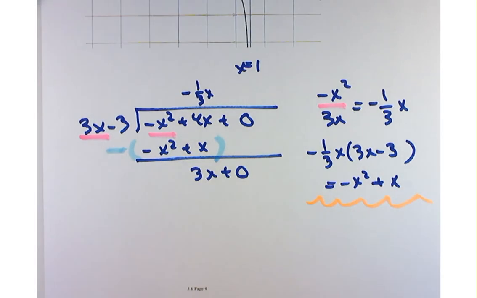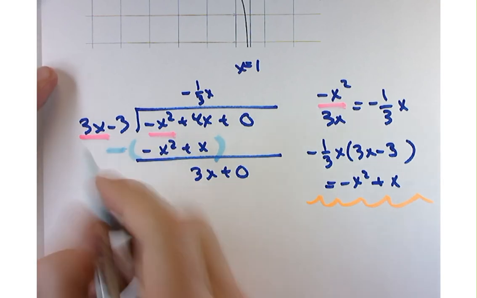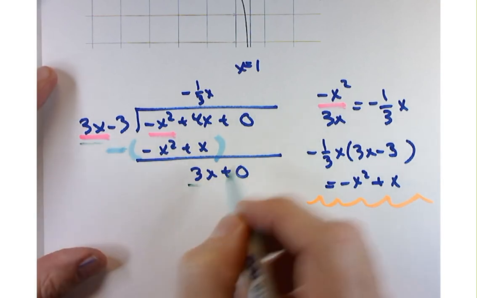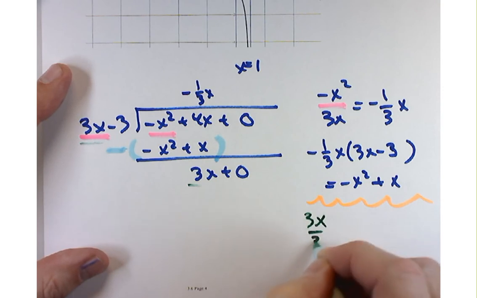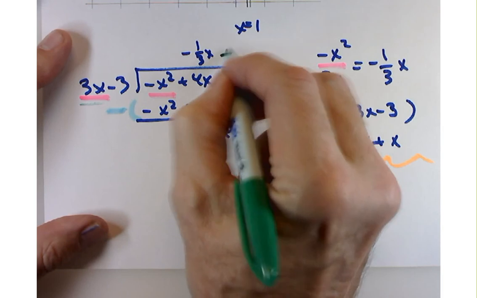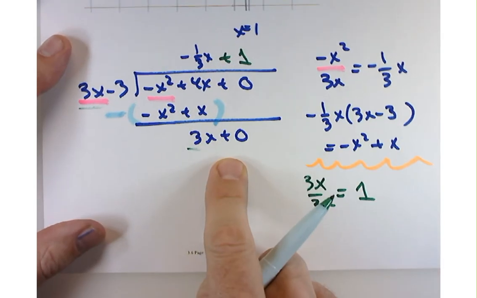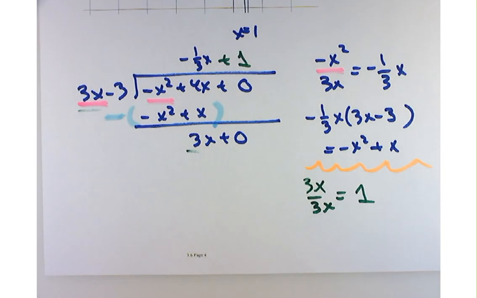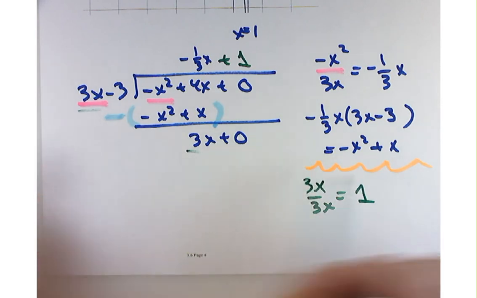Remember I said all you have to figure out is the quotient. So let's compare this number and this number. 3x and 3x. 3x divided by 3x gives me 1. Guess what? That's it. I don't care about the remainder at all. All I want is the quotient. This is the quotient. Anything else is just giving me the remainder.